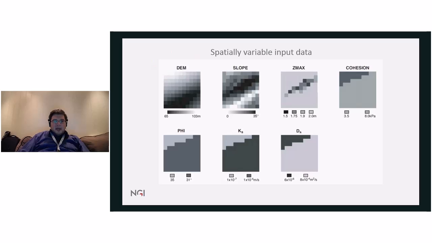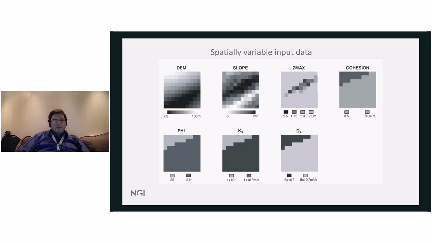This is one example of the tutorial data that TRIGRS uses. In this case, you have a DEM where you have lower elevations here, and then the elevation is increasing to the northwest.